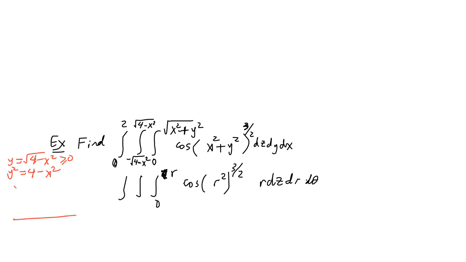Move x squared to the other side: x squared plus y squared equals 4. So this is a circle centered at the origin with radius 2. This is the upper half; with the minus, this is the lower half. So this is y equals radical 4 minus x squared, and this is the other part.